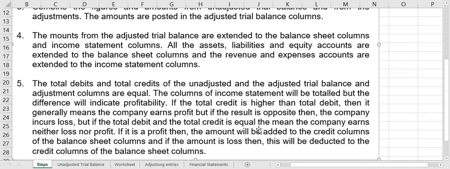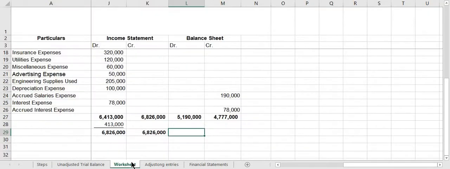Okay? The amount will be added to the credit column of the balance sheet. Let's perform. Ayan. So the 413,000 difference indicating profit accordingly will be added to the credit column of the balance sheet.